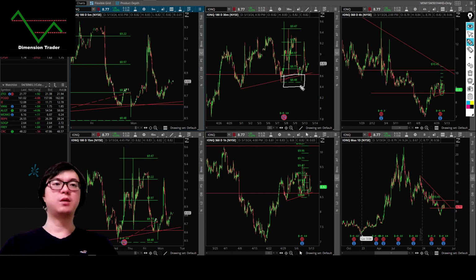So 1% of the $1,000, $10, you're holding one share, and you risk only half day. Then you reach your 1-to-1 target as the continuation trader. So this is a very good short-term continuation trading strategy.